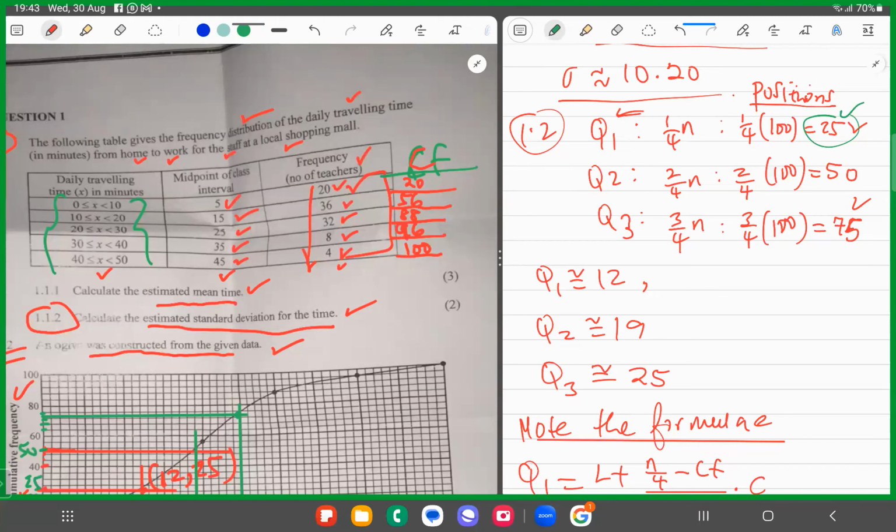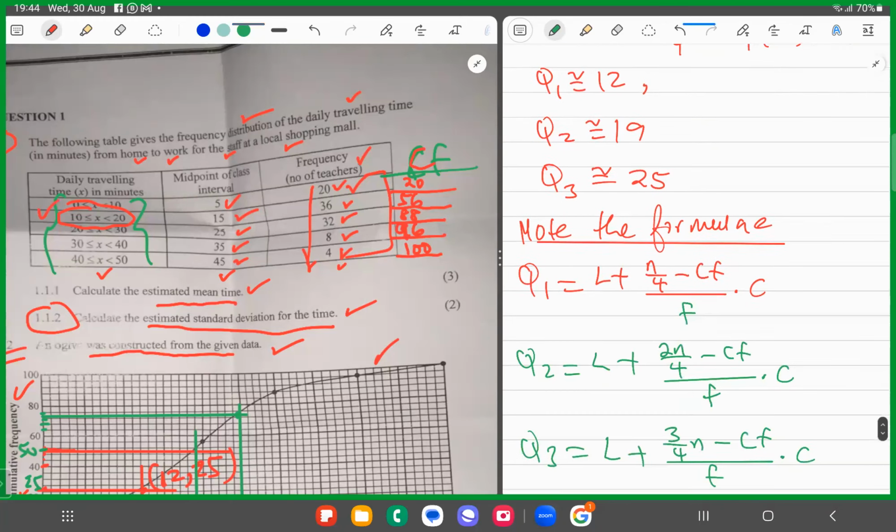The 25th position in the cumulative frequency lies between 10 and 20. I'm just teaching you another method of finding these without drawing the lines, without this graph, this Ogive. So it lies between 10 and 20. What is the lower class boundary of 10 to 20? It is 10.